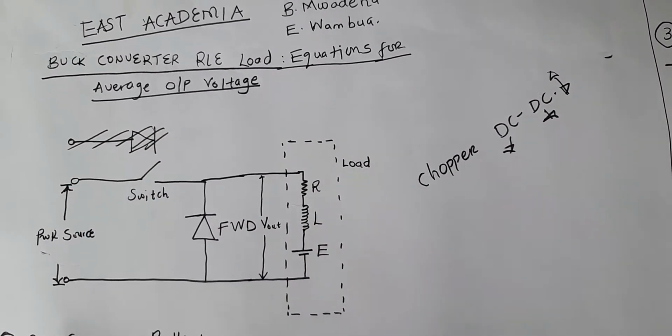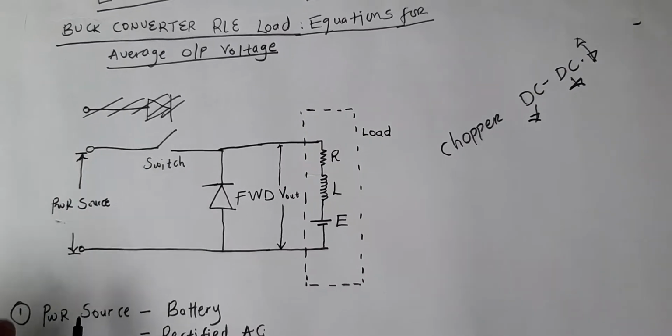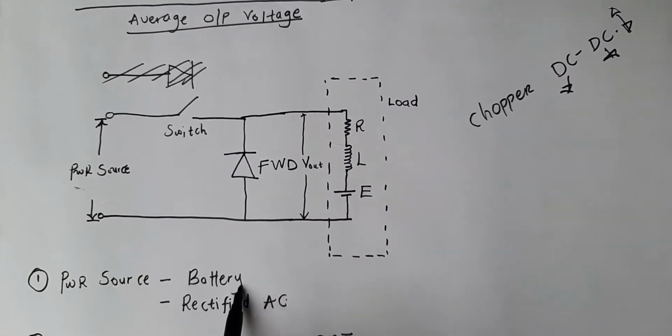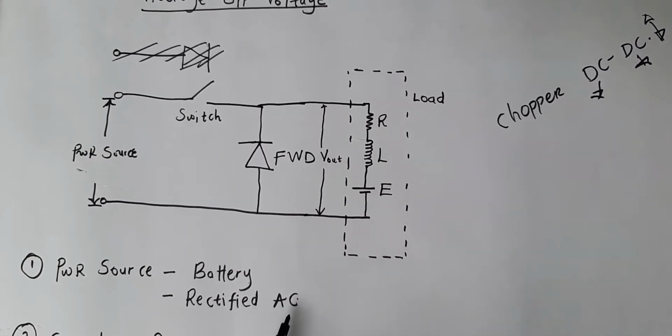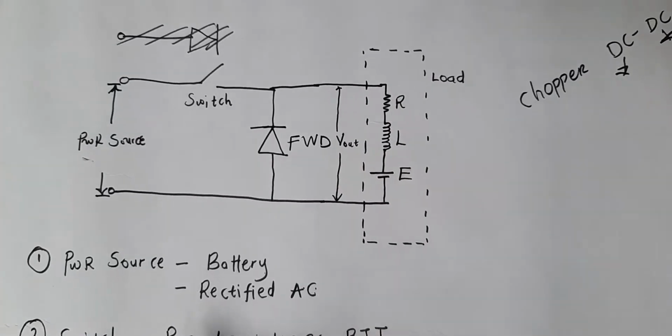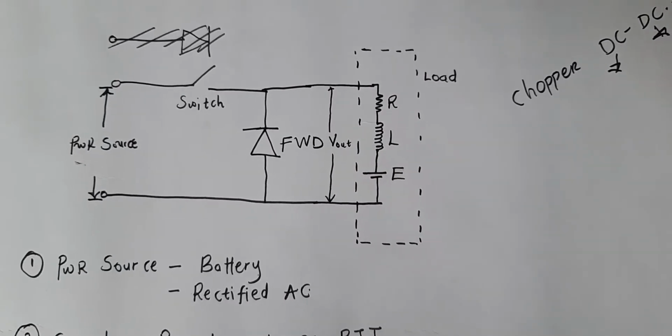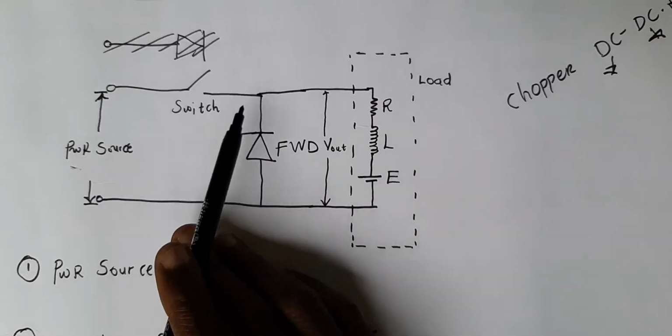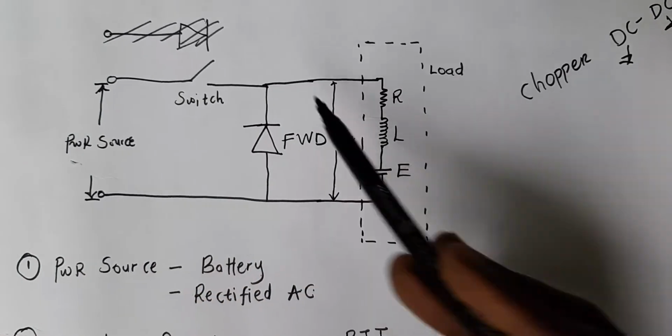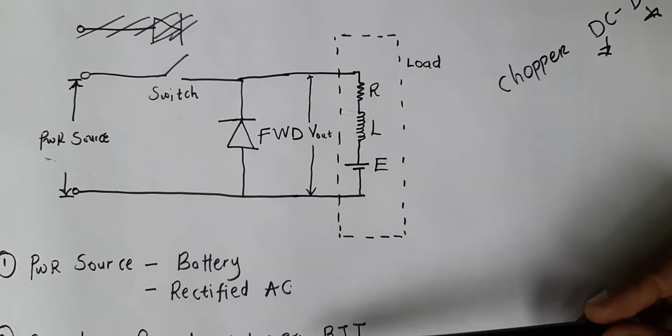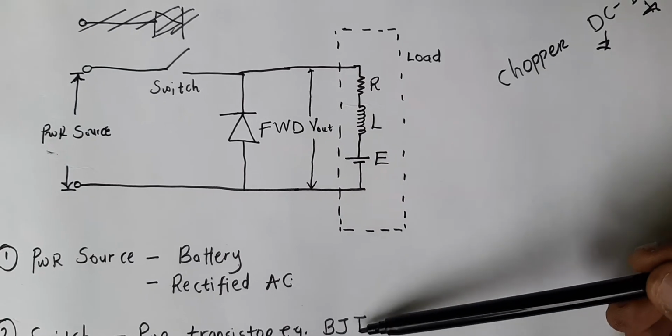So the power source can be anything like a battery or a rectified DC, okay? So rectified DC is nothing but DC. When you come to the switch part, the switch can be a power transistor such as a BJT.